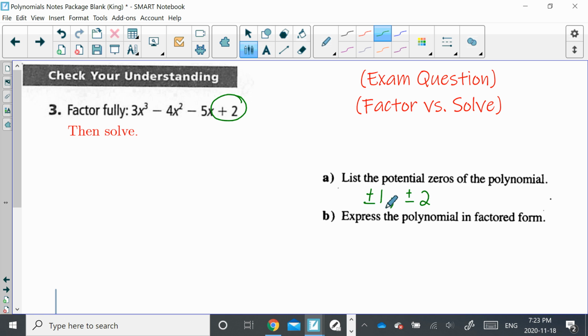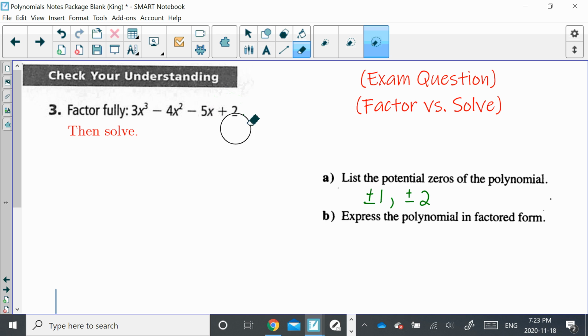There are 4 potential zeros for this polynomial. Instead of checking each of these 4 potential zeros, the easiest way to figure out which are actually factors is to plug this polynomial expression into your calculator in Y1. So I want everybody to take out their calculators, go to Y1, and let's plug that in.